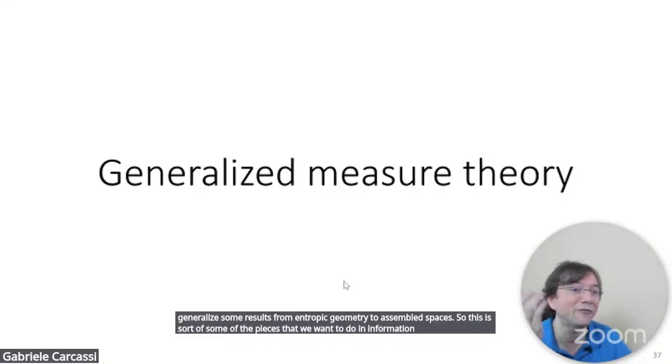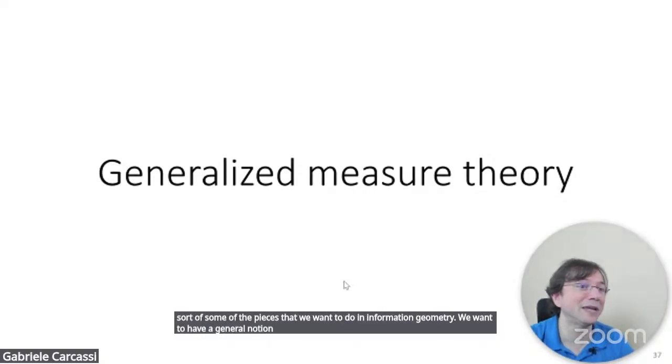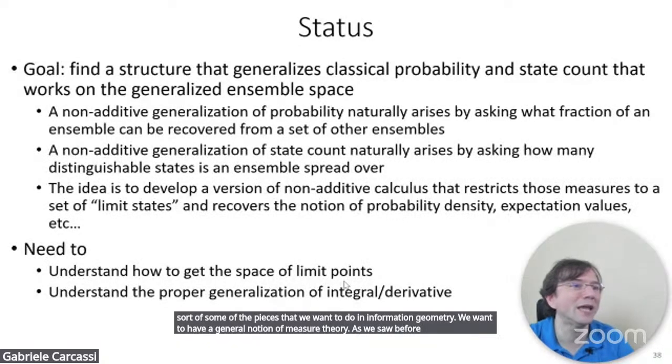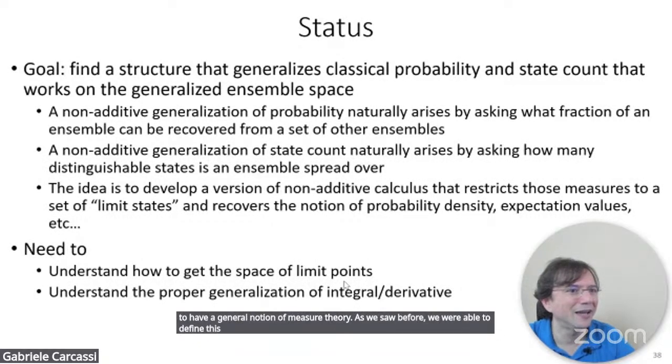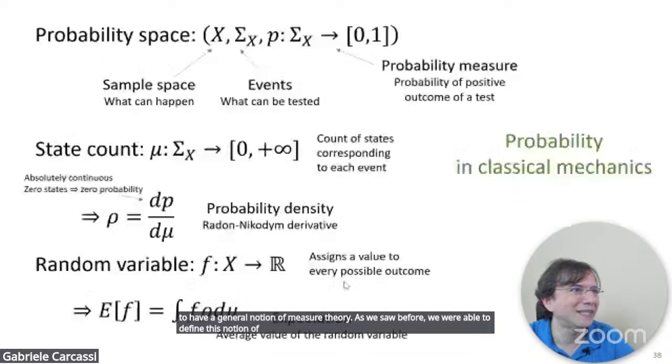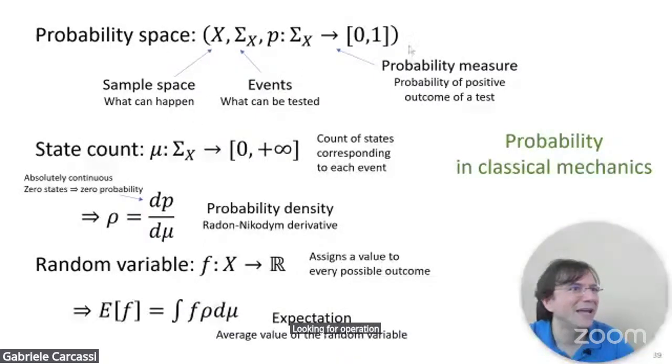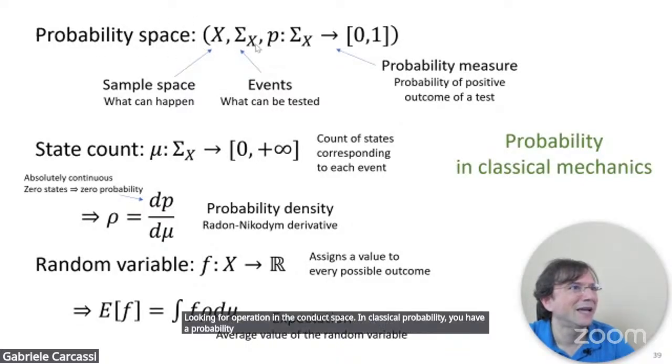We want to have a general notion of measure theory. As we saw before, we were able to define this notion of non-additive measures by basically looking for operations in the convex space. In classical probability, you have a probability space with the sample space, a sigma algebra, and a probability measure.